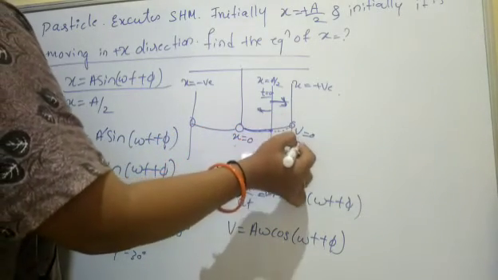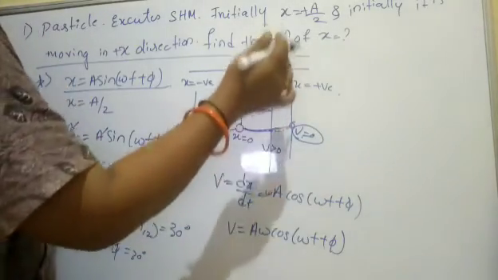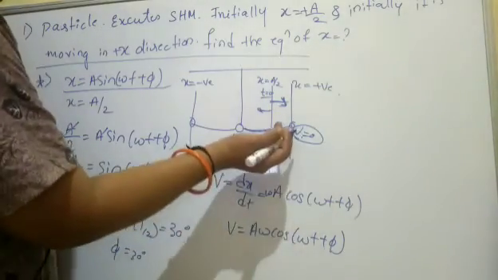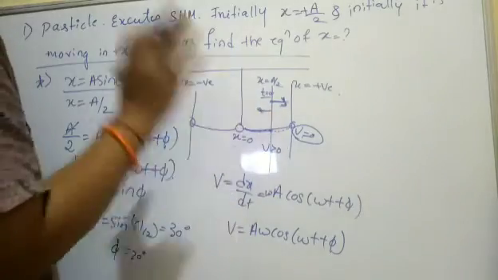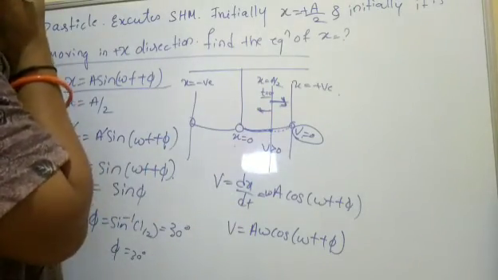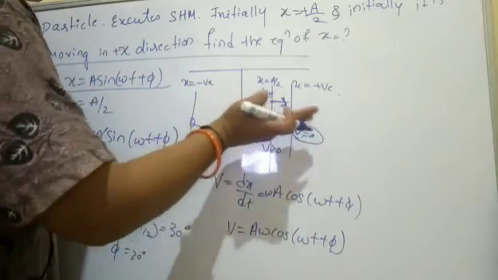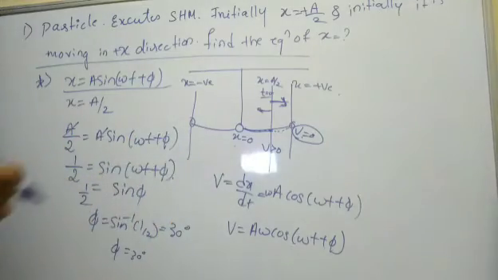As it keeps moving, it is going to become 0. So in this condition, velocity should be greater than 0. That means velocity is not exactly 0 in between the extreme and the mean position, because as the particle moves, its velocity is decreasing. This concept we already know from the previous class.